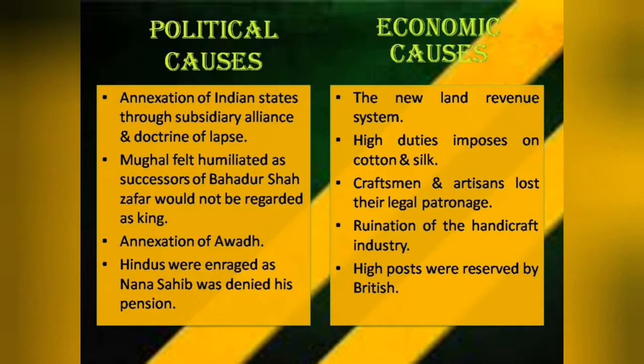They collected as much land revenue as they could squeeze out from the peasants. The peasants and zamindars wanted to get rid of this revenue collection system. Heavy taxes had been levied on the Indian people, but people did not have the capacity to pay them.